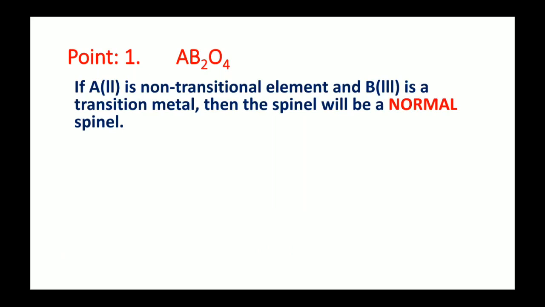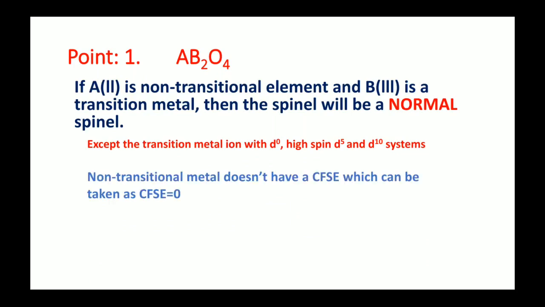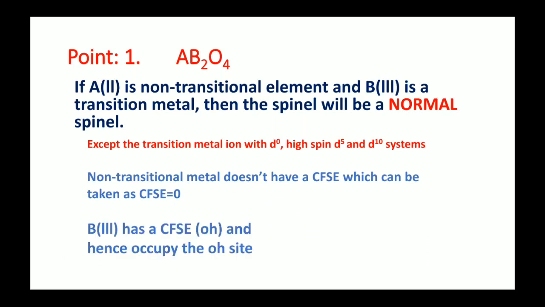But if the metal ion is d0 or high spin d5 or d10 configuration, then the +3 metal ion has a CFSE equal to 0, and hence this rule will not be applicable for that case. So a non-transition metal does not have a CFSE, and we can take it as CFSE equal to 0, and therefore the B3+ has the higher CFSE than this A2+, and hence it will be a normal spinel.